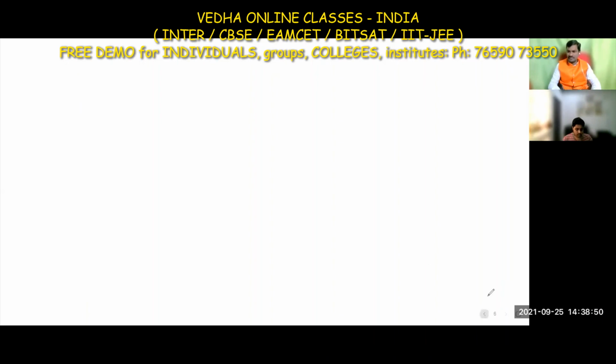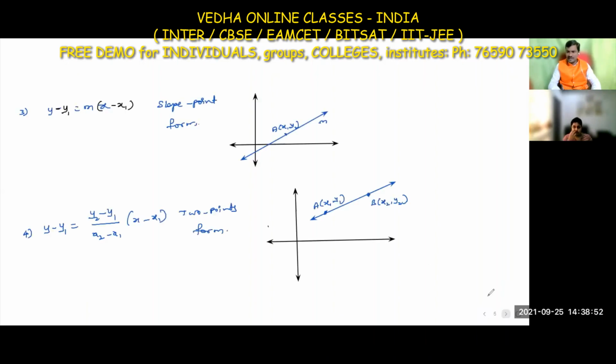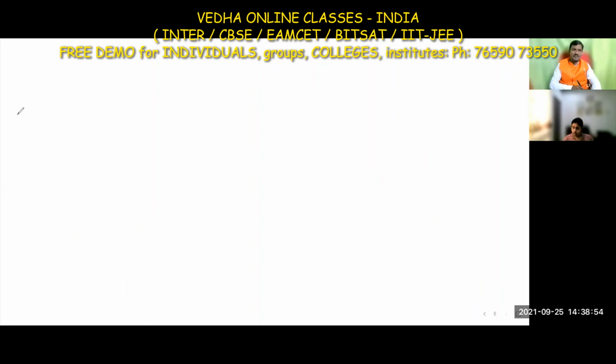After that, we also use the intercept form. The intercept form is x by a plus y by b equals 1. We use this form when we know the x-intercept as well as the y-intercept.